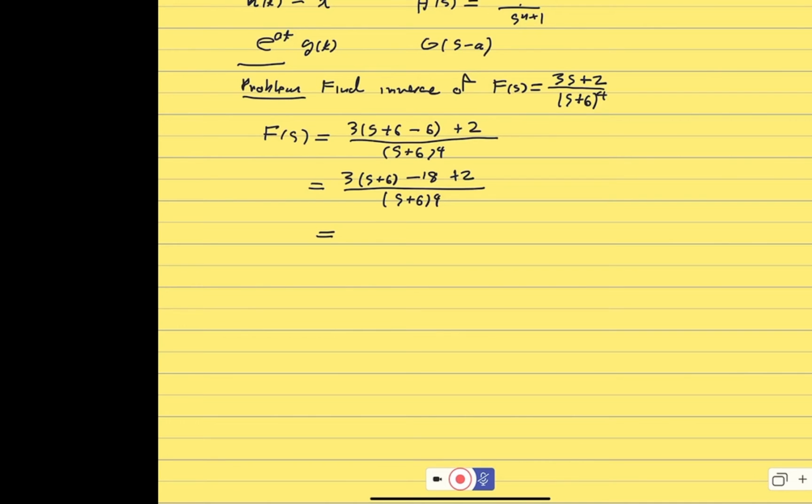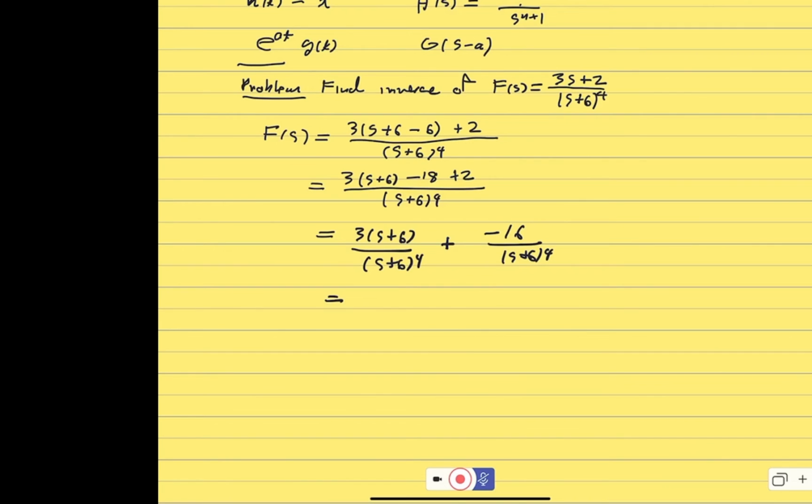Let's split the fraction then. And this is going to be 3s plus 6 over s plus 6 to the fourth, and then I'm going to have, that gives me a minus 16 over s plus 6 to the fourth.